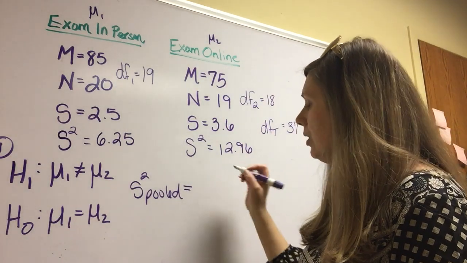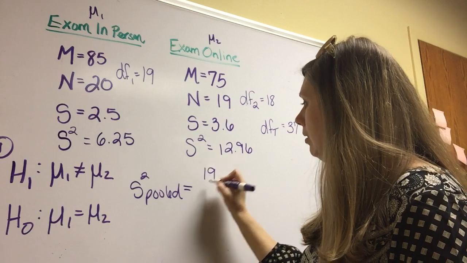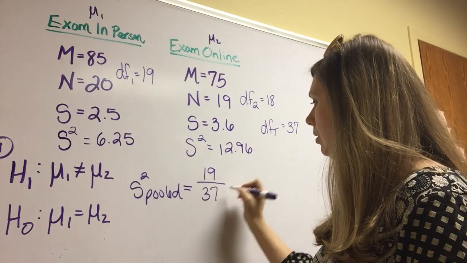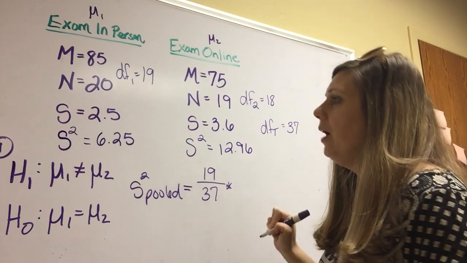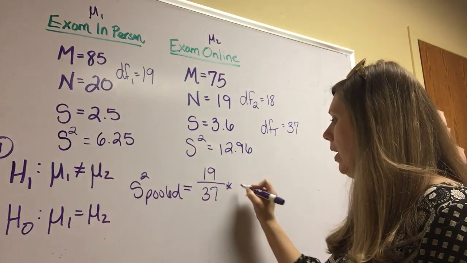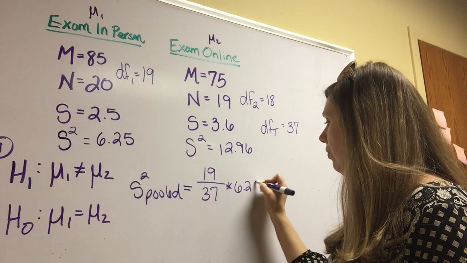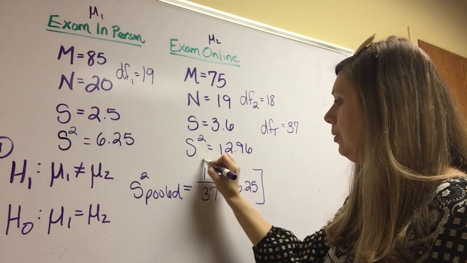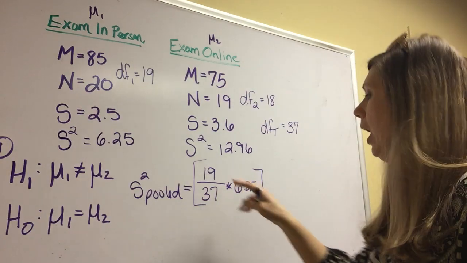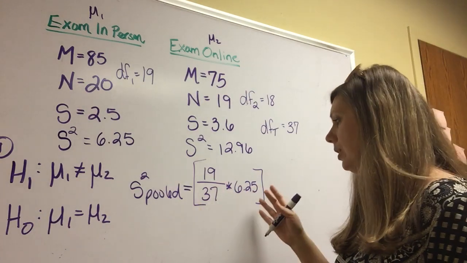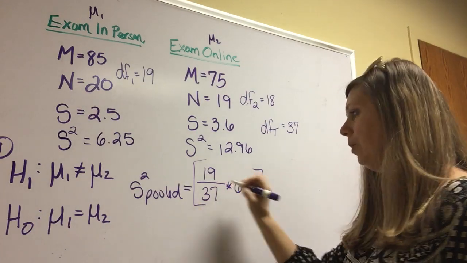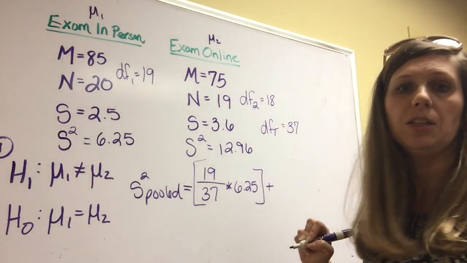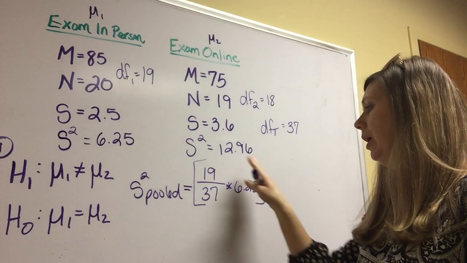So I need my degrees of freedom for group 1, which is 19, divided by the total degrees of freedom, which was 37. And I'm going to multiply that by my variance for group 1, which is 6.25. People do this all sorts of different ways, but I'm bracketing this off, and that is helpful for me because if you try to put all this in your calculator at one time, I cannot guarantee that it's going to come out right.